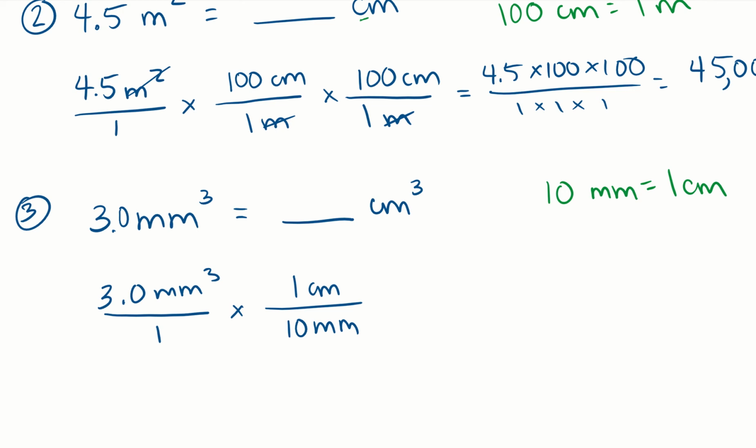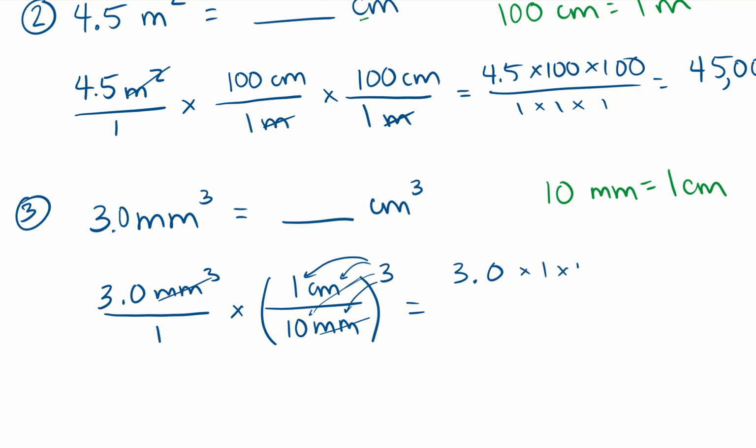Instead, I could just write this conversion factor and do it 3 times, or I can also cube it. Cube my conversion factor. That basically says I'm going to multiply by this 3 times. Then I have to remember to cube everything inside the parentheses. So every single thing here needs to be cubed when I do my multiplication. So I have 3.0 millimeters cubed, which ends up being canceled with the millimeters cubed in the bottom.